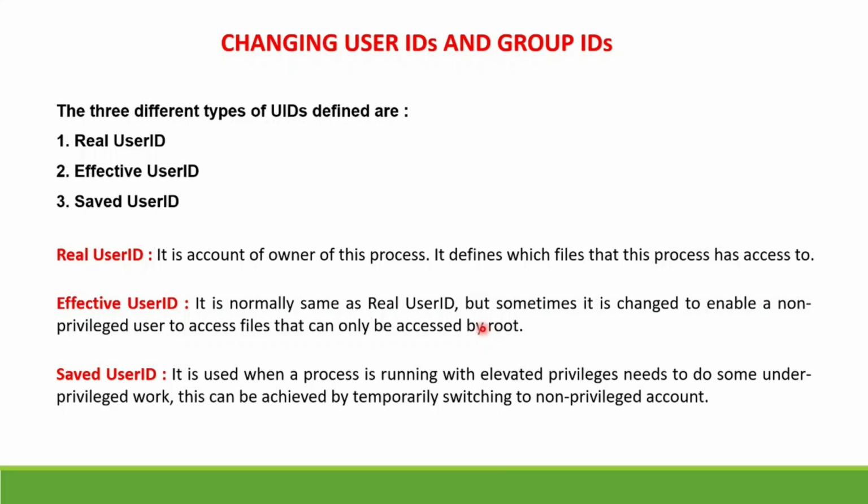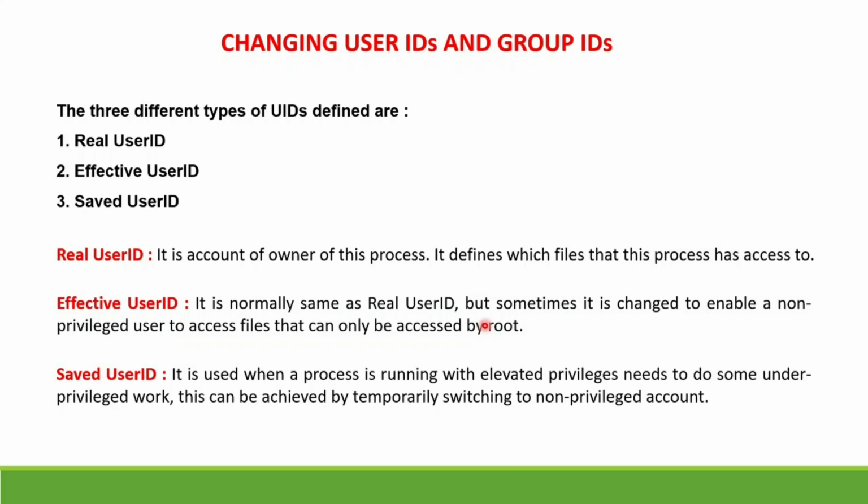It is used when a process is running with elevated privileges, generally root processes, and needs to do some underprivileged work. This can be achieved by temporarily switching to a non-privileged account.